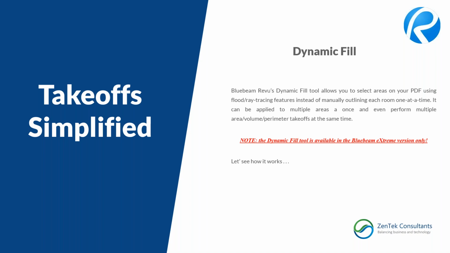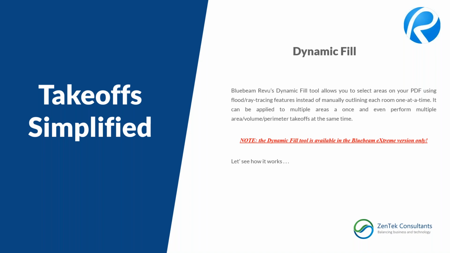All right, so what is the dynamic fill tool? Well, it's designed to do exactly what we were saying today. It helps you select multiple areas across your plans at the same time and then apply multiple markups and/or takeoff items to those areas all in one shot.